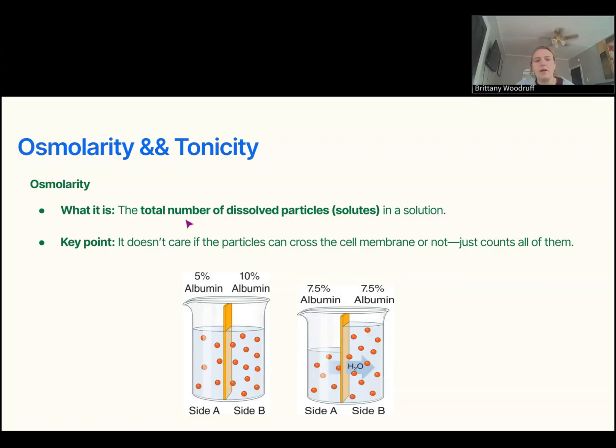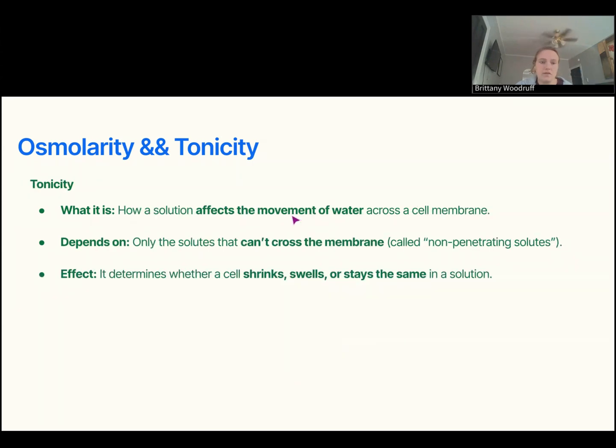Osmolarity is looking at the total number of dissolved particles in solution. Now, tonicity, on the other hand, is specifically about how that solution is going to affect the movement of water across a cell membrane.